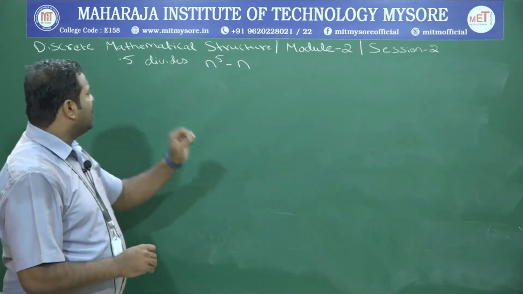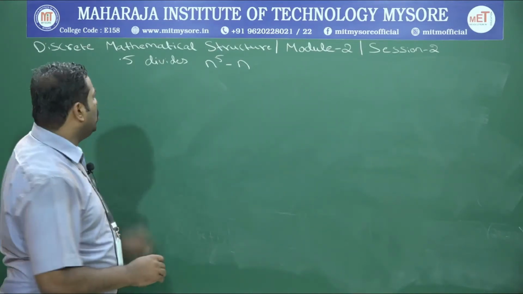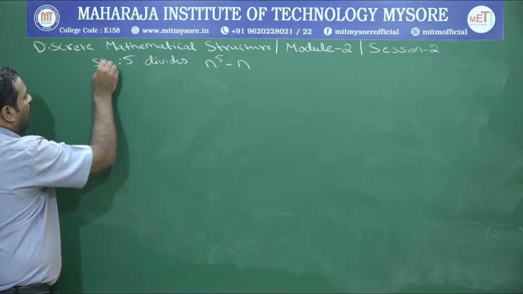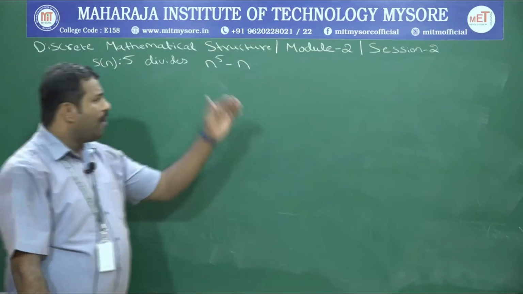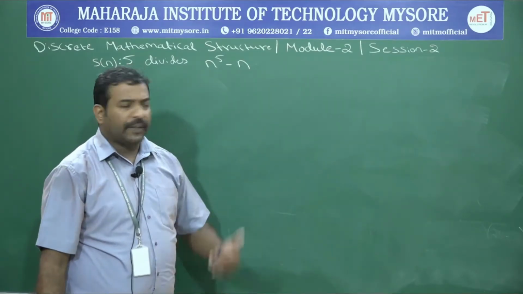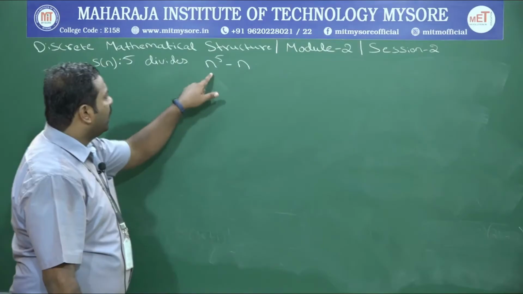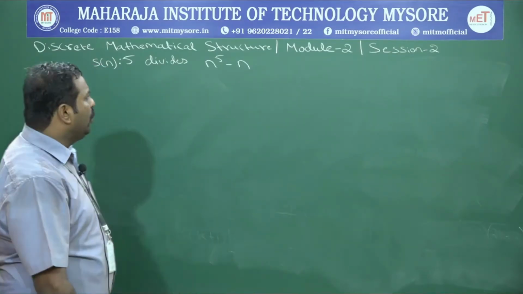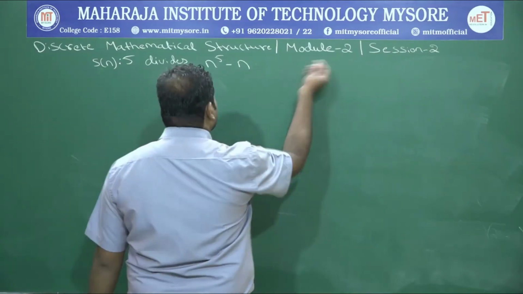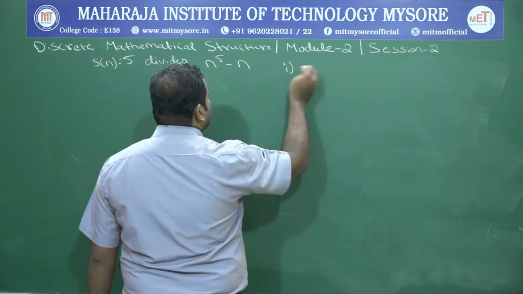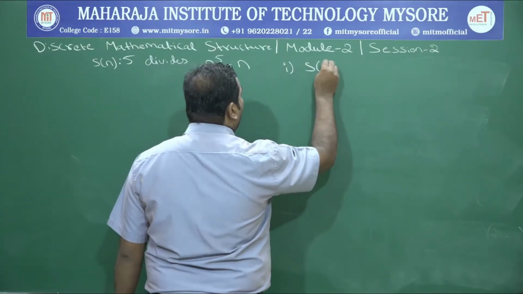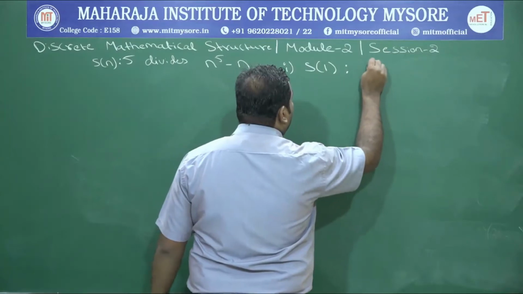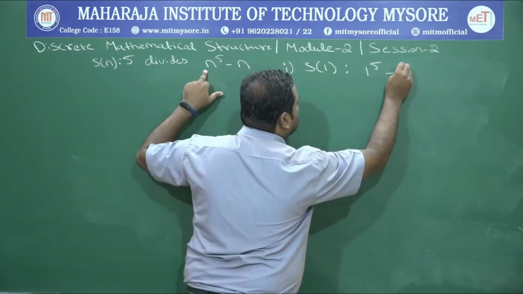So now this is going to be a statement for me. I am just going to call this a statement and denote this as S of n. Now for the very first step, I need to check whether this holds good, so I need to verify this. The very first step is S of 1, which is 1 to the power of phi minus 1.